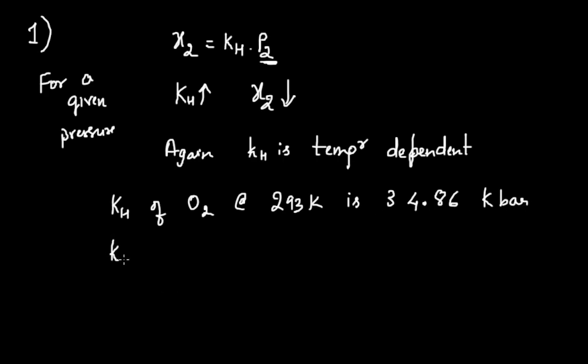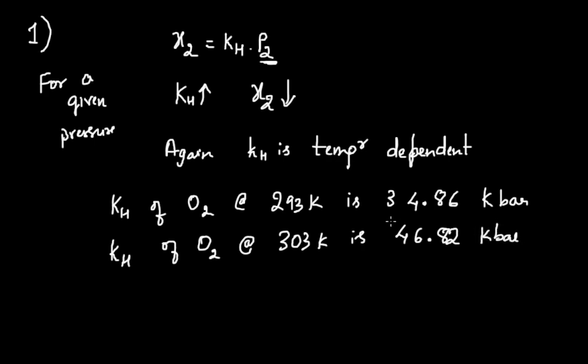And kh of oxygen at 303 is 46.82 kilobar. Now see here, what is happening? kh is increasing at a higher temperature. If kh increases, what will happen? Your x2 decreases, which means the amount of oxygen that is dissolved in a solvent is decreasing.